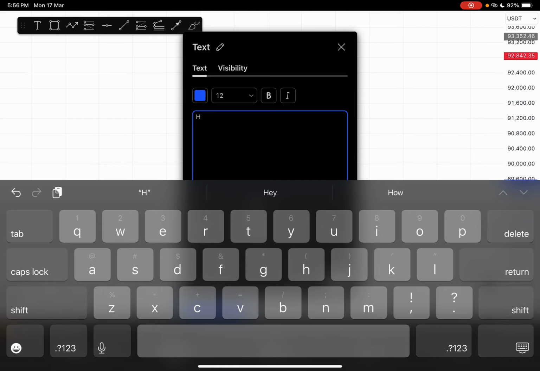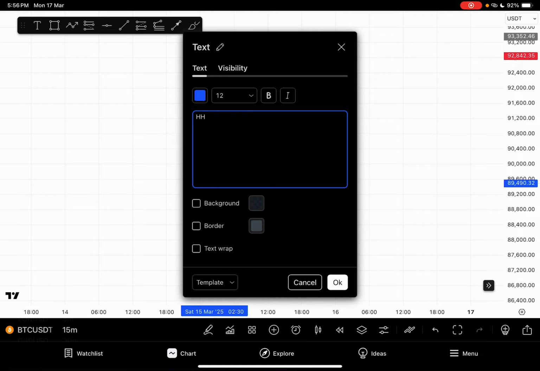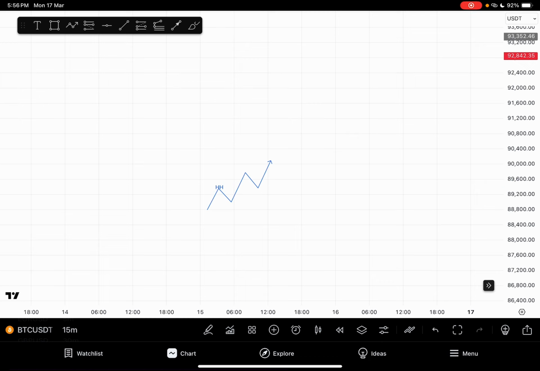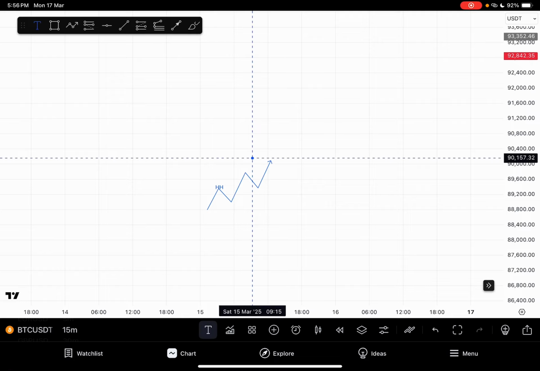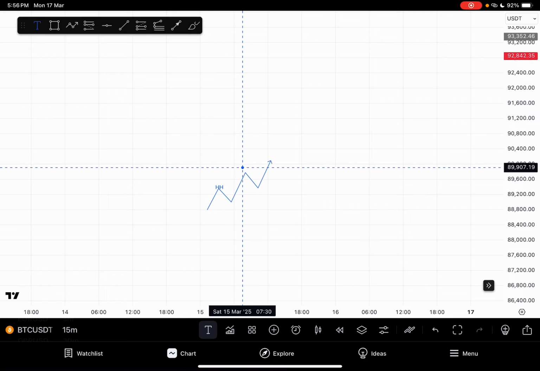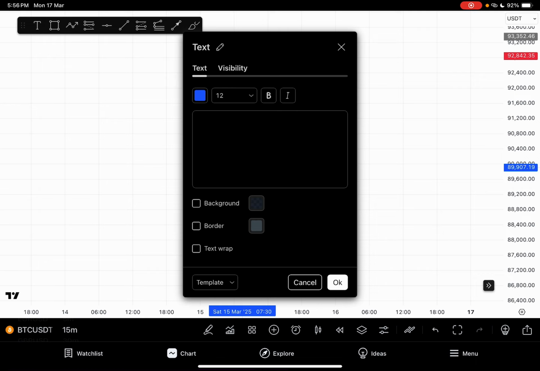So I will identify that as HH, which is higher high. And also this point here is also a higher high.